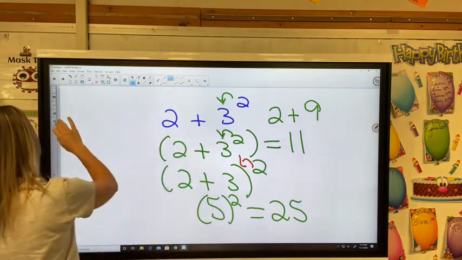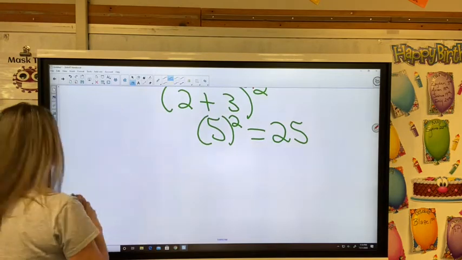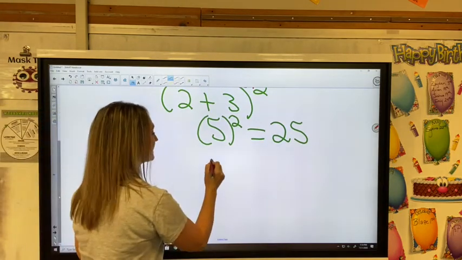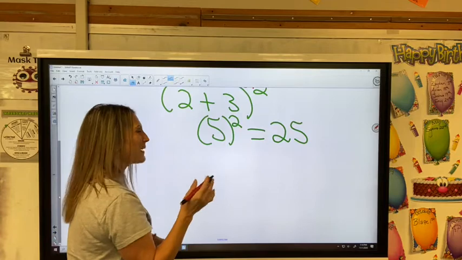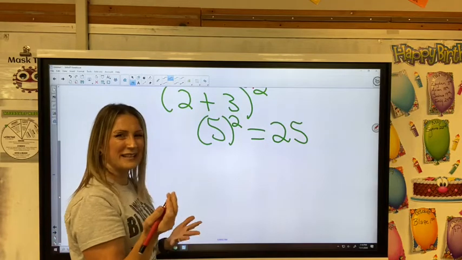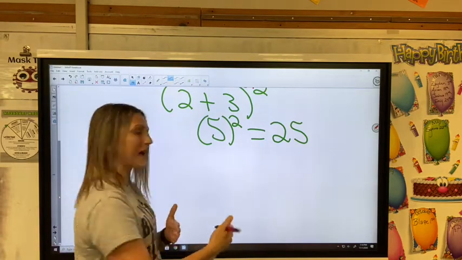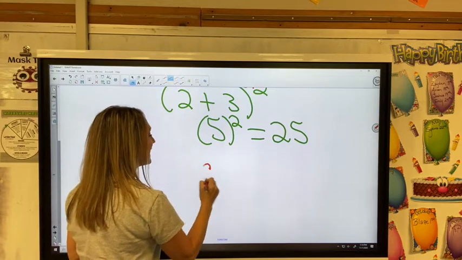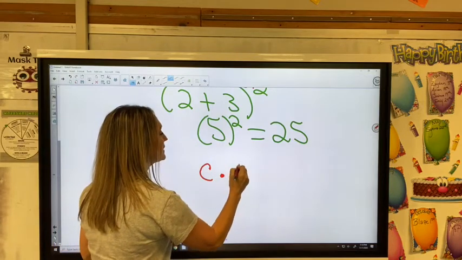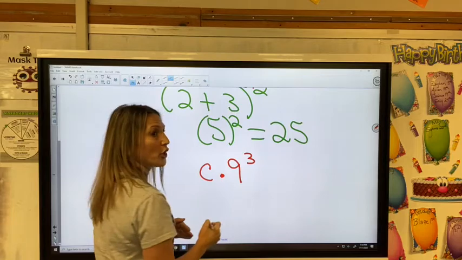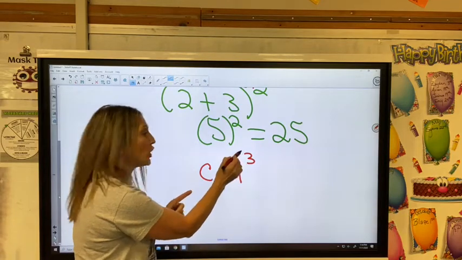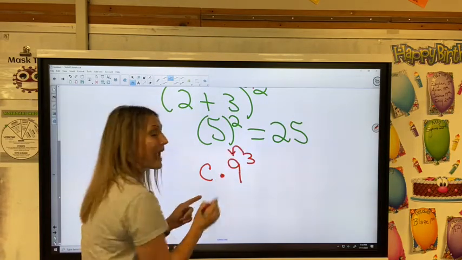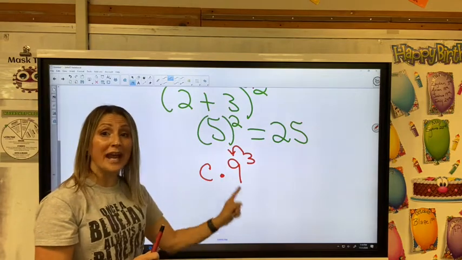It's also the same way if I have a problem and it looks like this. And I really wouldn't normally write this like this because you should always put the variable after the number. But if I had C times 9 cubed, that cube is going to apply to the base 9 first.